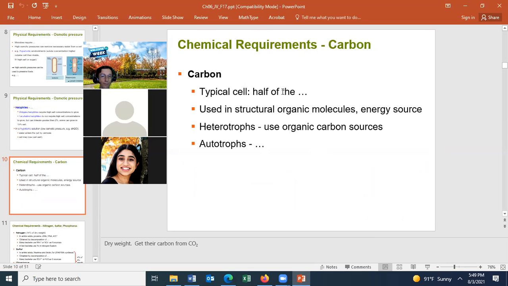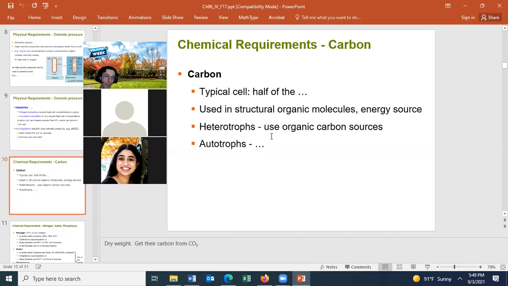Carbon is used in structural organic molecules. It's used as an energy source. Some cells can use carbon directly as CO2 from the air or the water. And these we call autotrophs, cells capable of using CO2 for their carbon needs. Other cells we call heterotrophs, and they get their carbon from an organic carbon source.